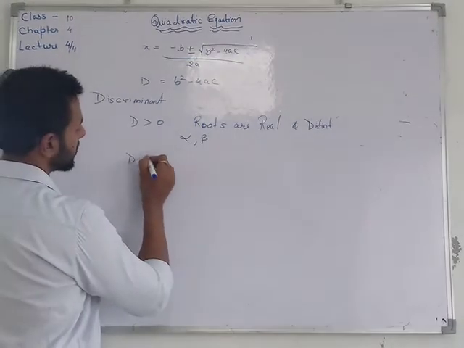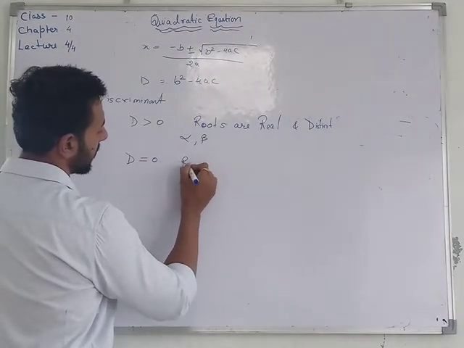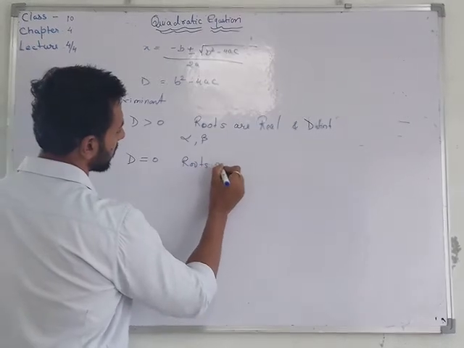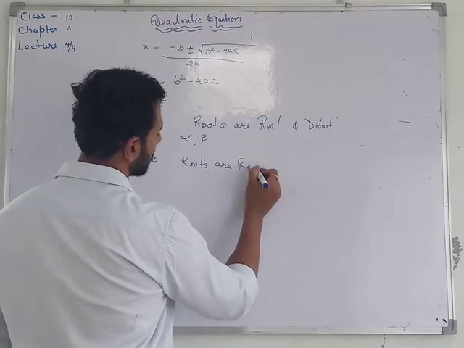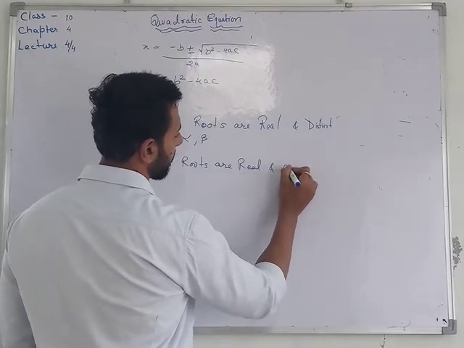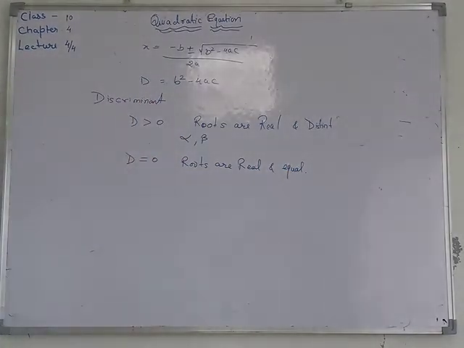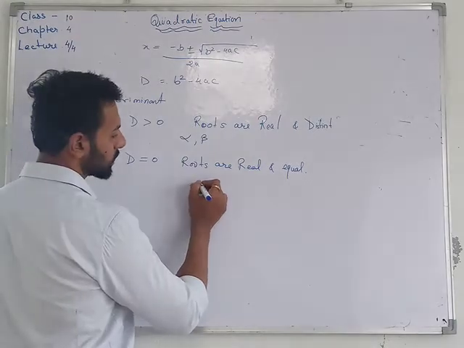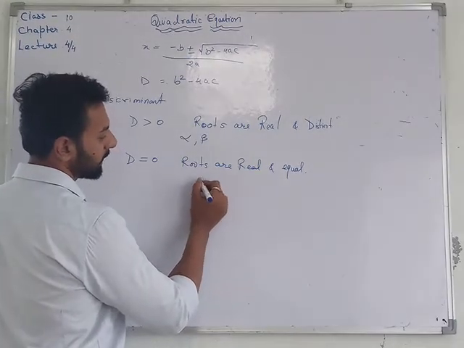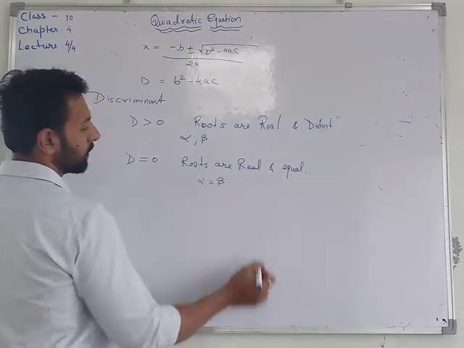And if d is equal to 0, that means roots are real and equal. Real and equal means the values of the roots can be defined and they are equal, means alpha is equal to beta.